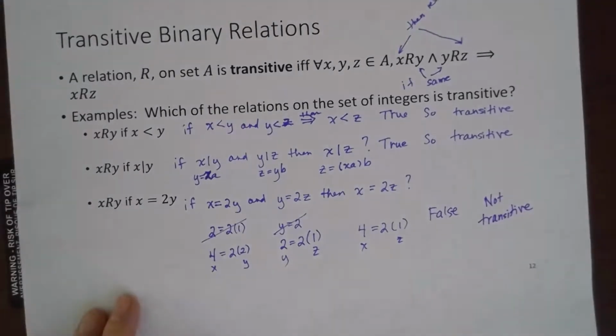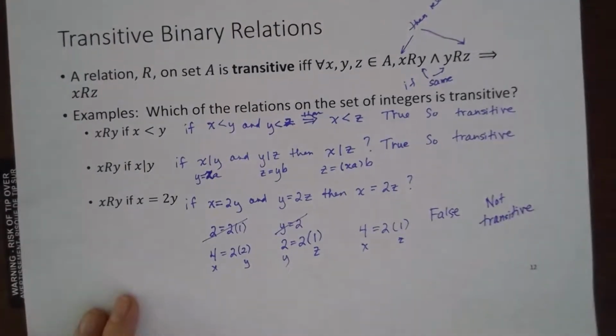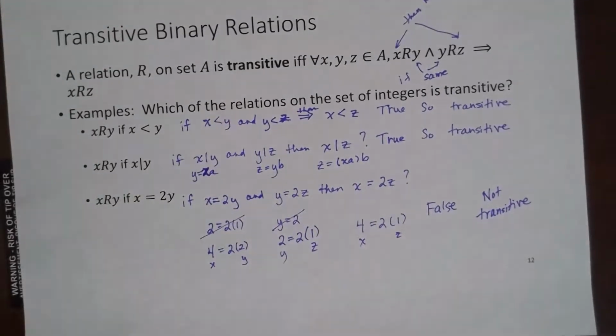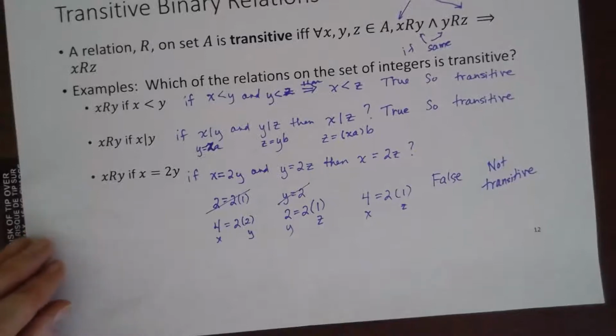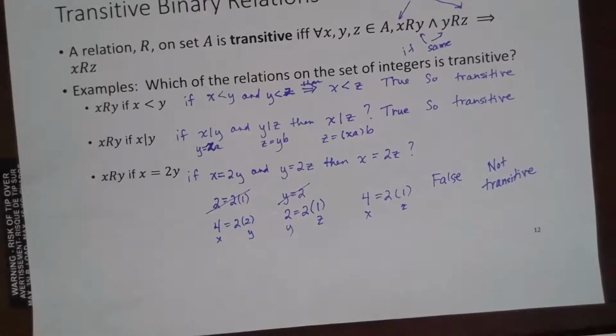Okay. So remember, if I want to prove that something is not one of these properties, all I have to do is find one counterexample, because these are universal statements. Like for all x and y, this would have to be true. Just one counterexample can show that it's not the case. So these ones are maybe harder sometimes to see than the reflexive and the symmetric.